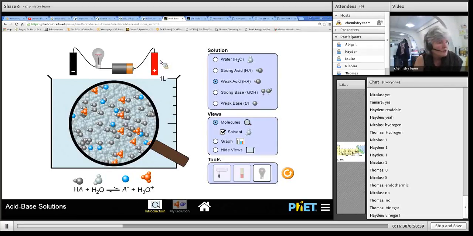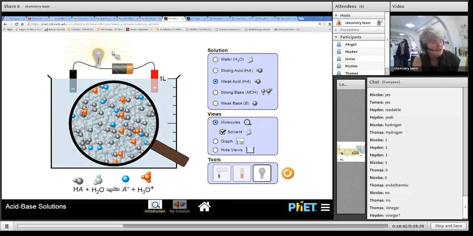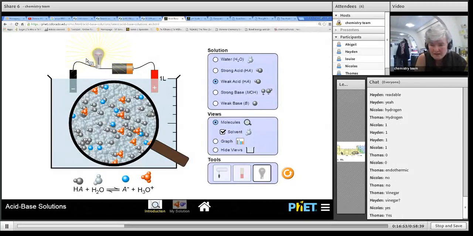If I have a weak acid and I dip in my electrodes, can you see that my light bulb is lighting up? So does a weak acid conduct electricity? Yes, it does. Why does it conduct electricity? Think of what electricity is. Electricity is a movement of charge.